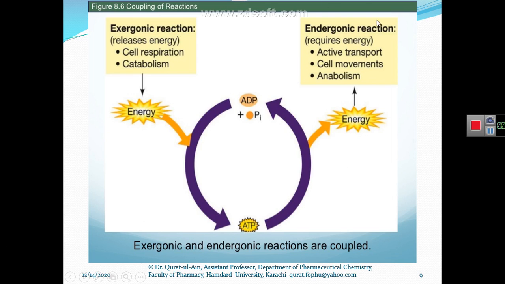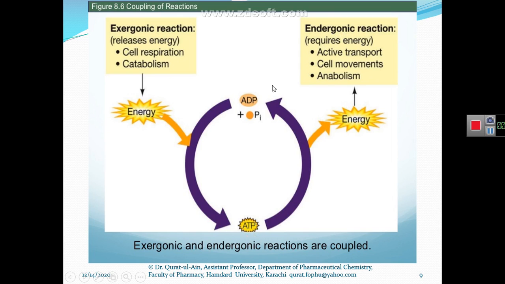So the purpose of this slide is that both the exergonic and the endergonic reactions are coupled together. What does it mean? It means that whatever energy is released during the catabolic reaction, this energy converts ADP into ATP, and then whenever the endergonic reaction takes place, it breaks down this ATP and releases energy.